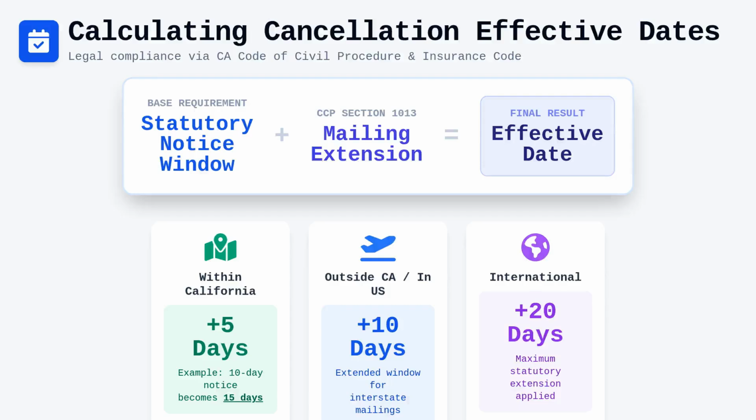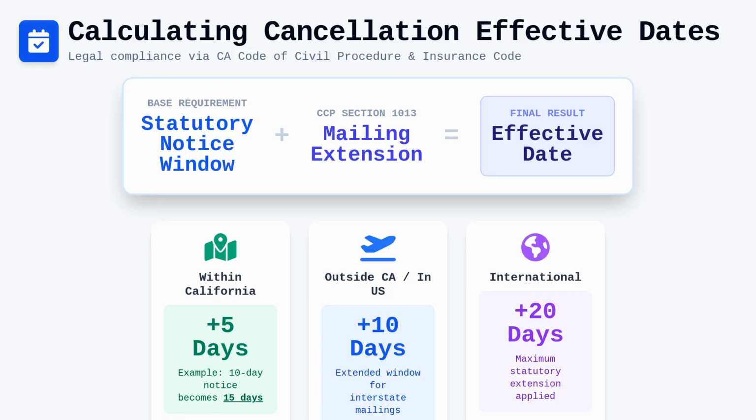To calculate the effective date of a cancellation accurately, you must apply the legal guidelines found within the California Code of Civil Procedure alongside the insurance code. When a cancellation notice is sent via regular mail, Section 1013 adds specific extensions to the statutory notice windows based on where the mail originates and its destination.